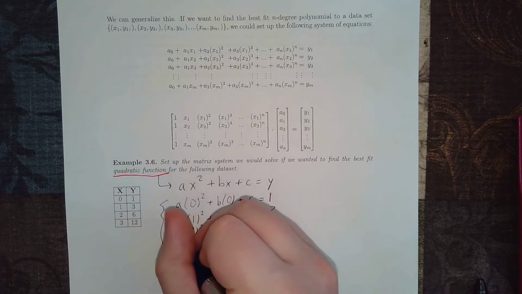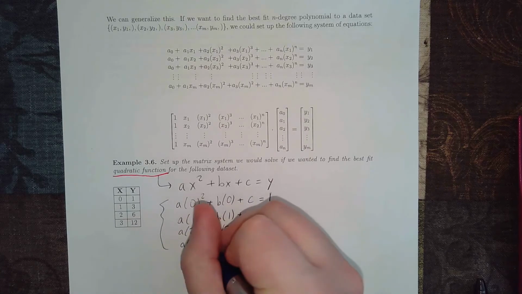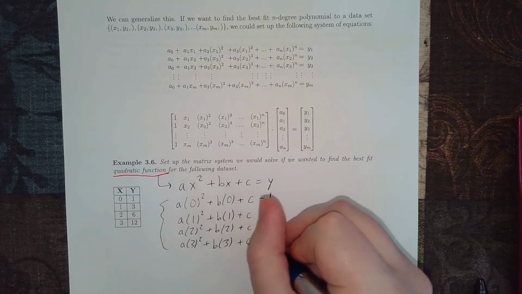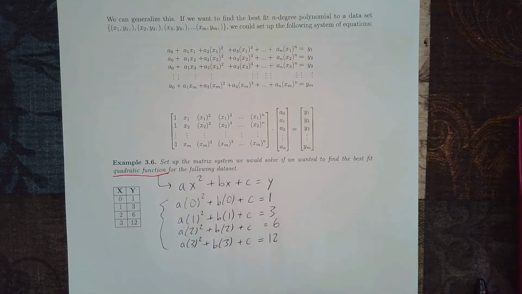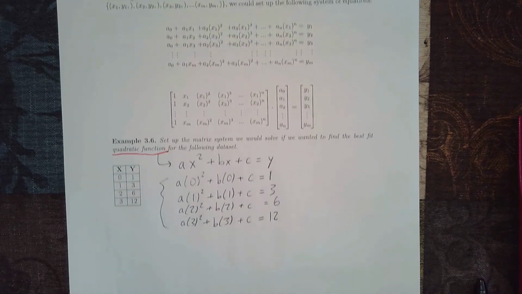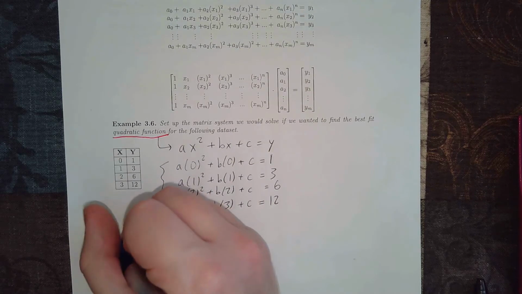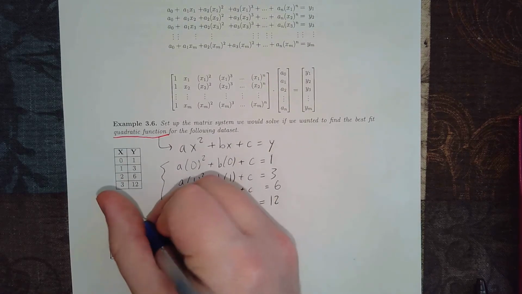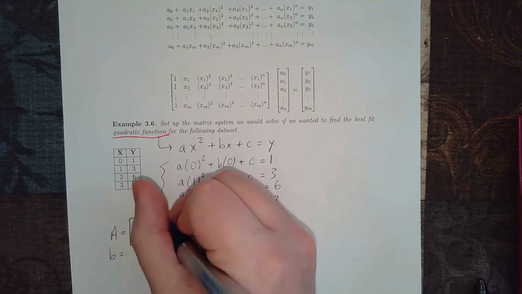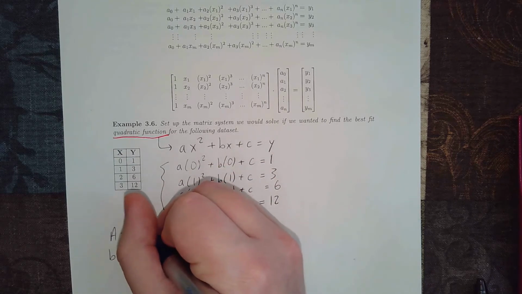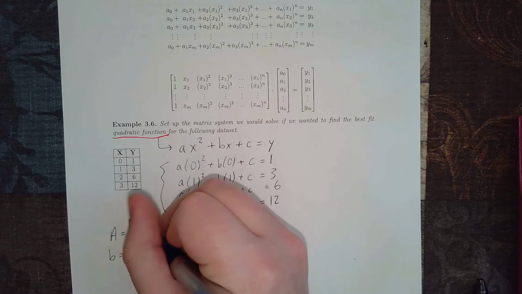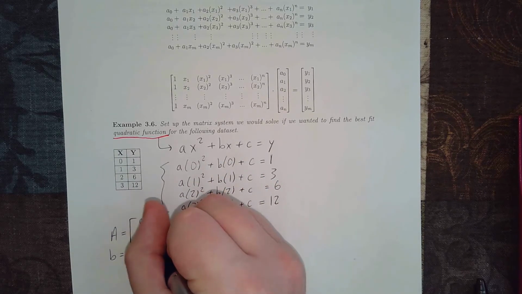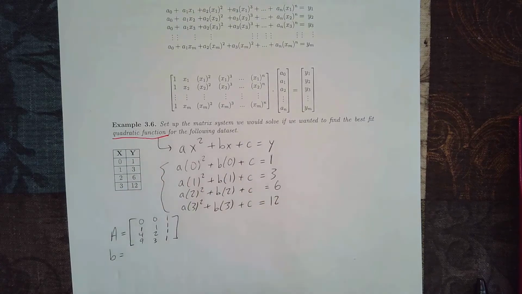And we'll get a times 3 squared plus b times 3 plus c equals 12. And so here, if we're setting up our A matrix and our B matrix, our A matrix will be 0, 0, 1, 1, 1, 1, 4, 2, 1, and 9, 3, 1.